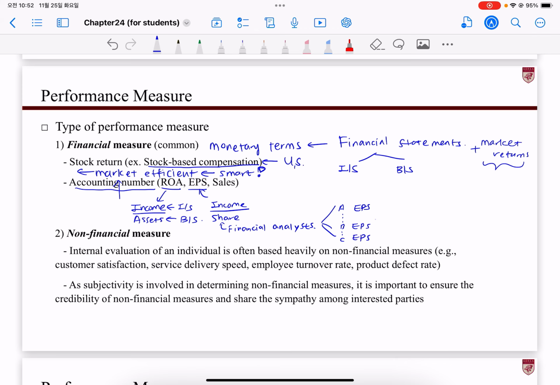And they are actually compensated, rewarded based on how accurate these EPS forecasts are compared to the actual EPS of a company. This is a key metric that people see, especially institutions like mutual funds and hedge funds. When they evaluate companies, they focus on how much earnings will get distributed for each share.